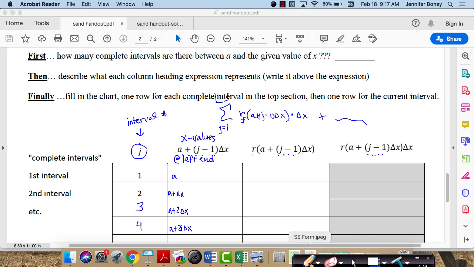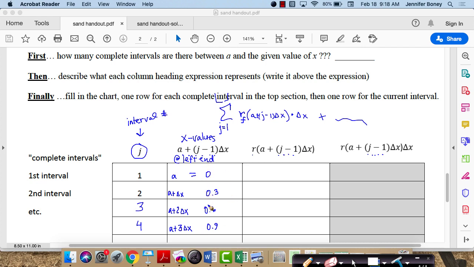So the values of these, because we're supposed to be doing some numerical approximations, would be 0, 0.3, 0.6, and 0.9. The next position would be 1.2. That's not the beginning of an interval that we use the whole thing for. That's the beginning of the partial interval at the end. So we'd only really need these first 4.